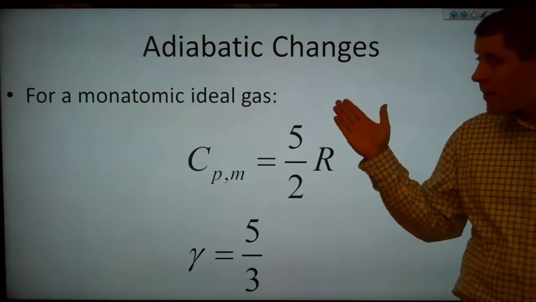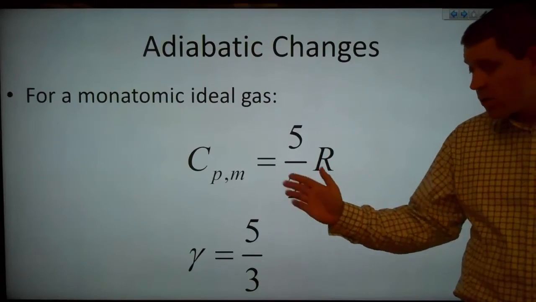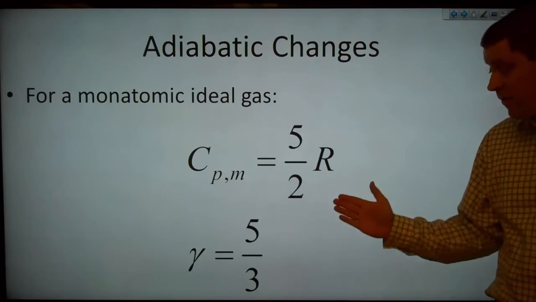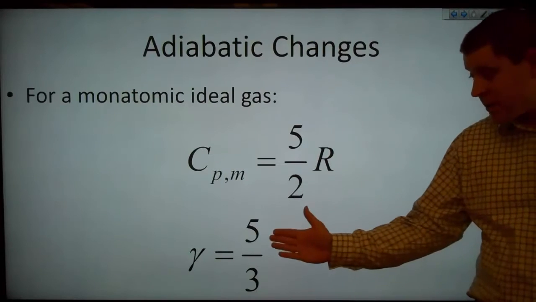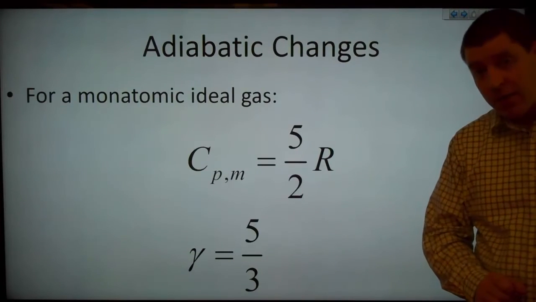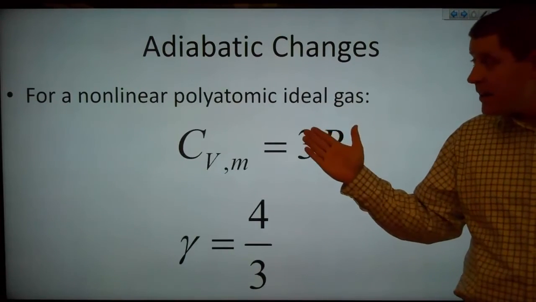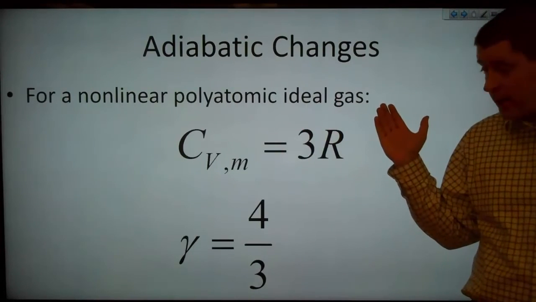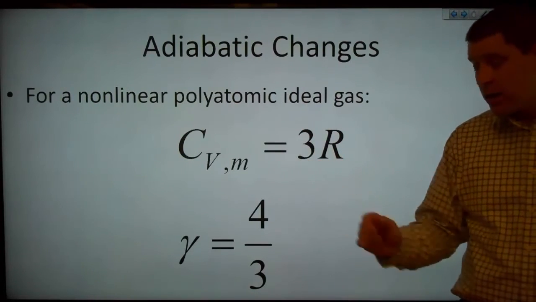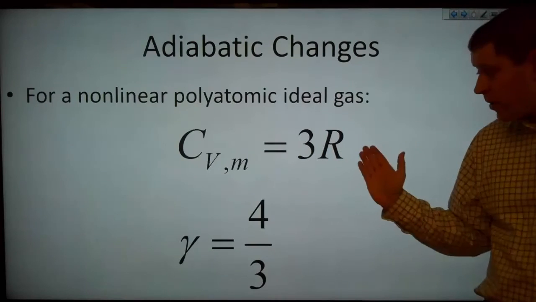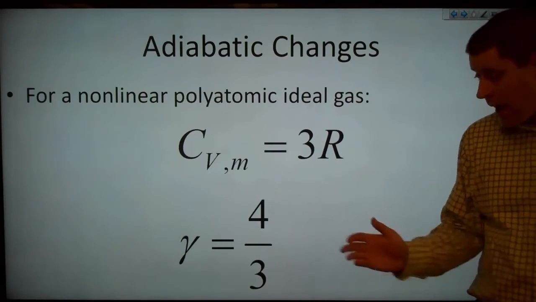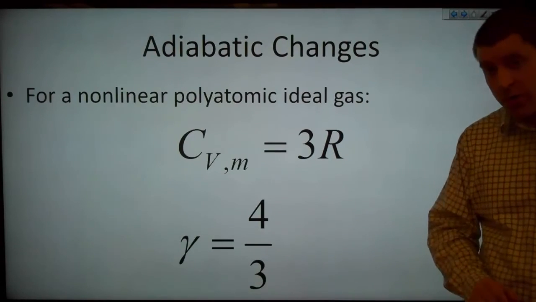And for a monatomic ideal gas, the molar constant pressure heat capacity is 5/2 R, and that means that gamma is 5/3. For a nonlinear polyatomic ideal gas, the molar constant volume heat capacity is equal to 3R, and that makes gamma 4/3.